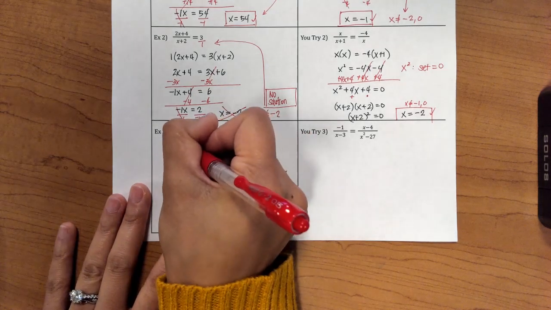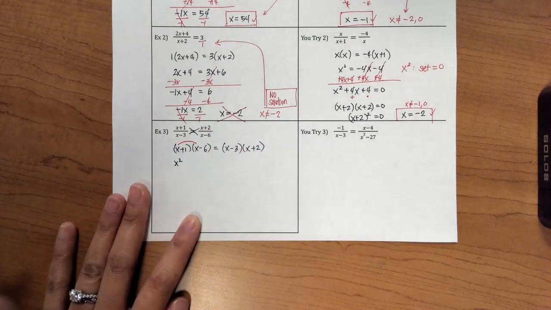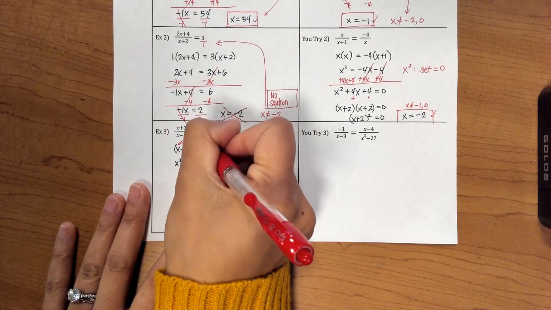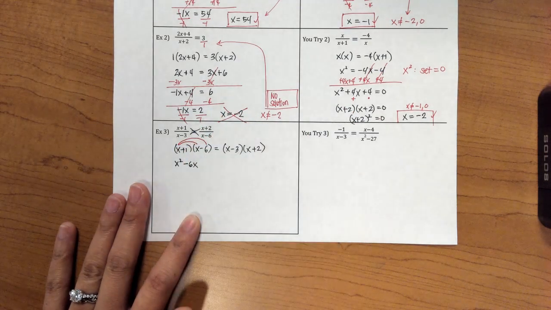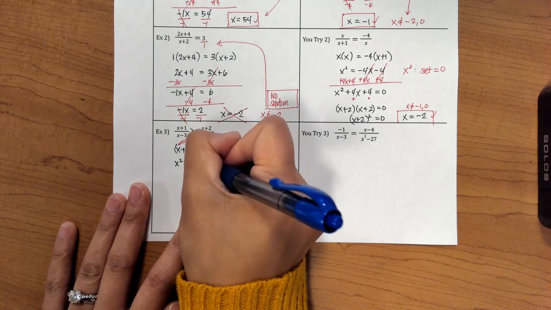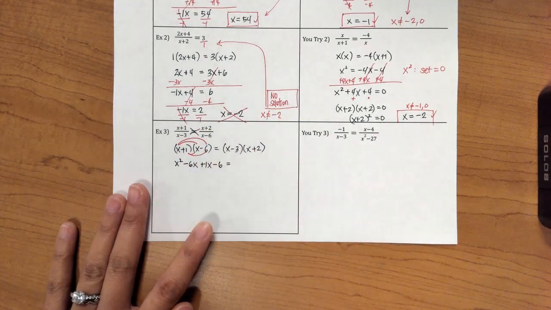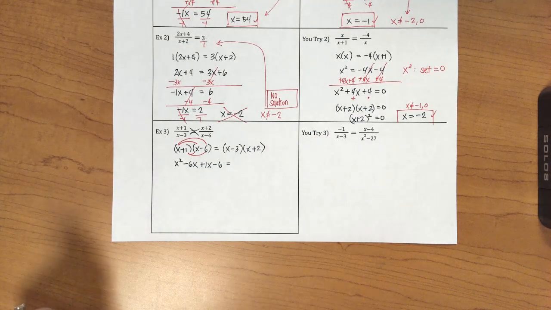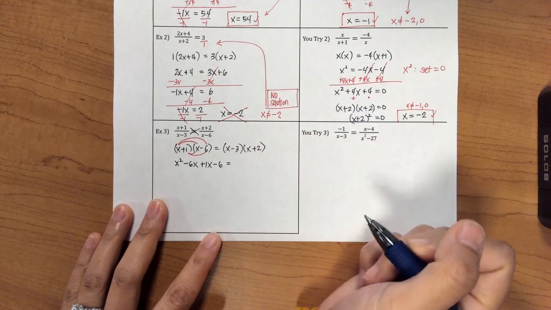You have to distribute your x times x, but you also have to distribute x times negative 6. And then we're going to go 1 times x and 1 times negative 6. Okay, you try the right side on your own. See if you can get your common denominators there, or sorry, your FOIL or distribute.